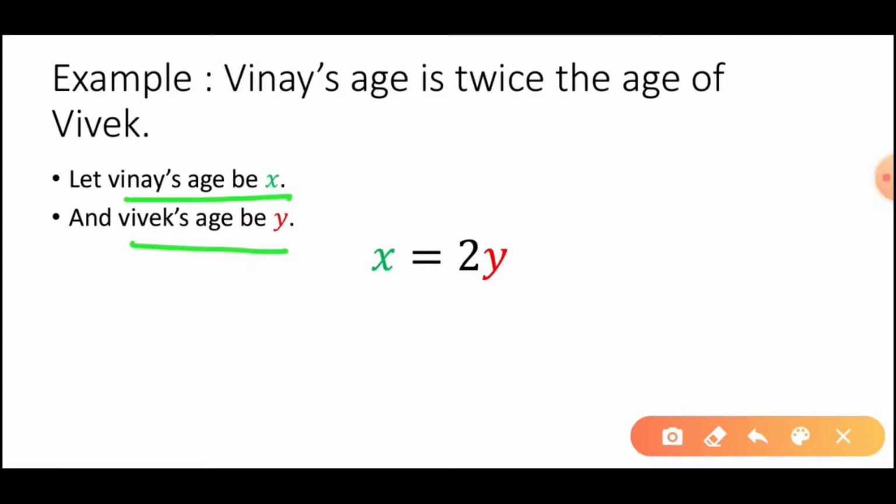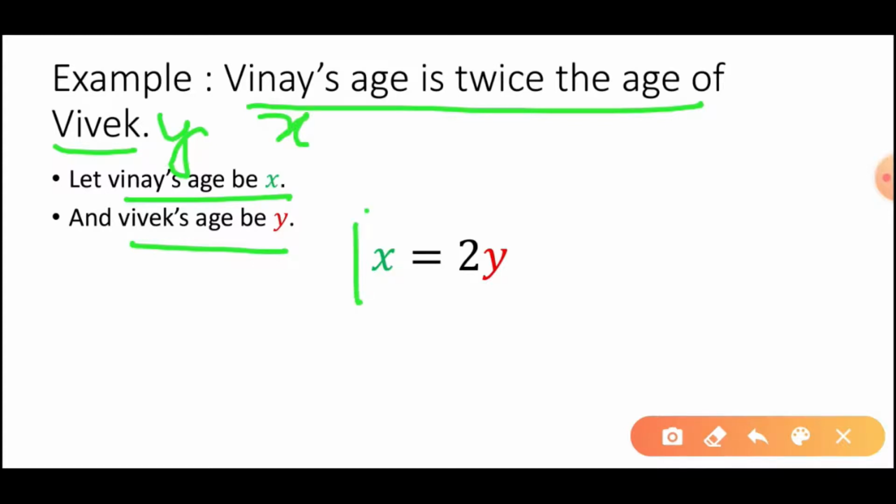We do not know both of their ages, so we have taken the age of Vinay as x and the age of Vivek as y. Reading it again, x is twice y. So this is our equation, x equals 2y. That is a linear equation in two variables.